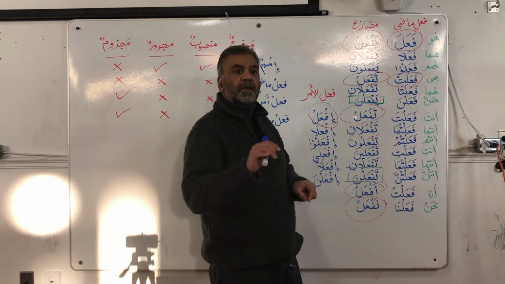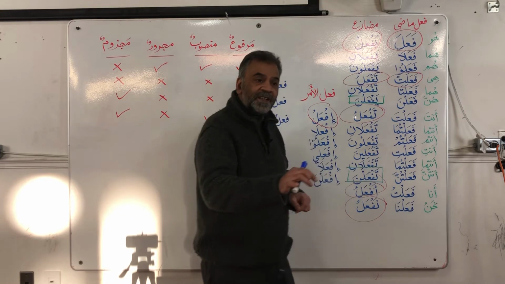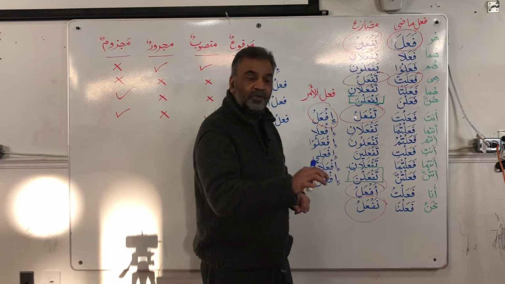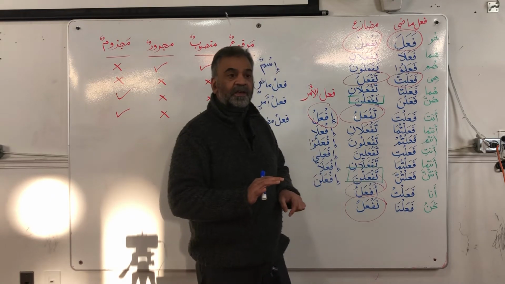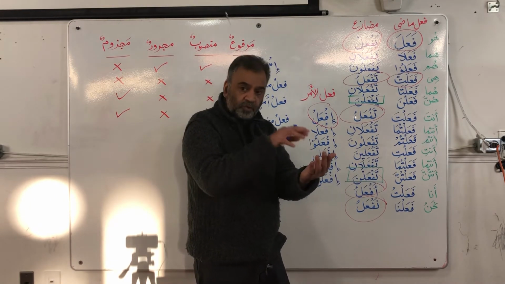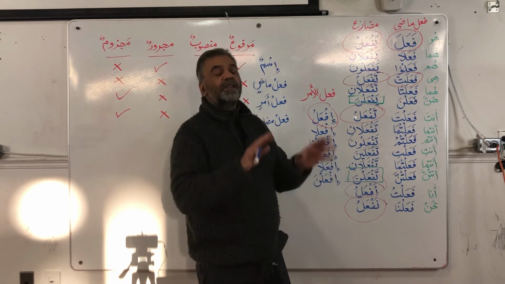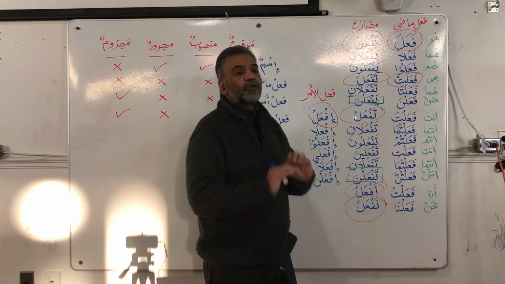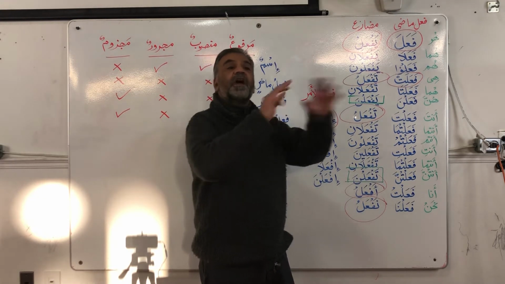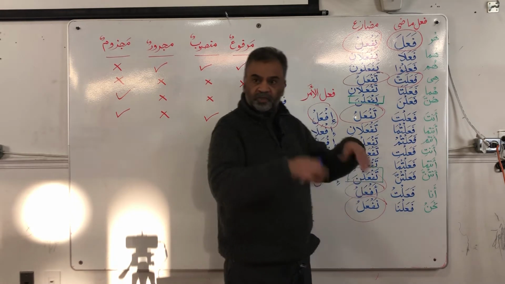We will learn that. If it is coming in a majzoom form, we say fi'lu mudarin mabni ala sakun fi mahalli jazmin. Okay. Just to make sense whether it is coming in a marfu form, mansoob form, or a majzoom form, they are very special. If you get it, that is fine. If you do not get it, do not worry, because there is an entire lesson coming in book 2 to explain this concept.